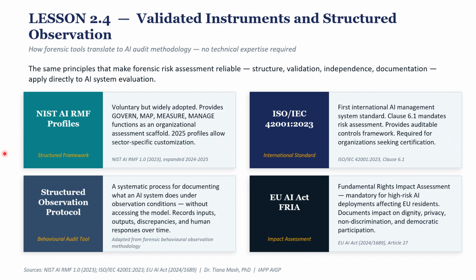So the social service organization is no longer relying on an assumption about fairness and effectiveness. It now possesses the empirical evidence to demonstrate that the system behaves differently across demographic conditions, and that human intervention materially improves the outcome. We're talking about fairness and non-discrimination, human oversight validation, evidence-based governance, right?